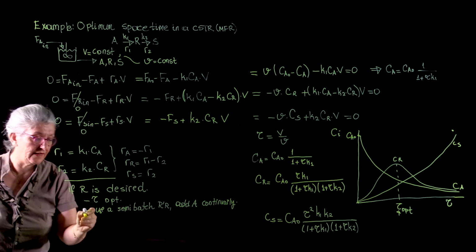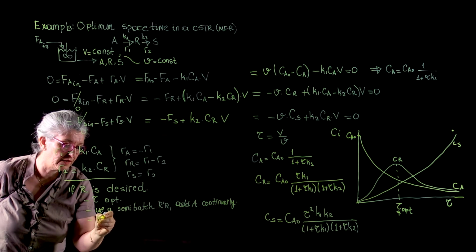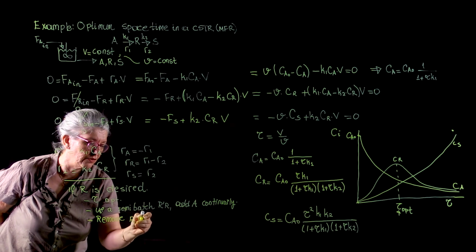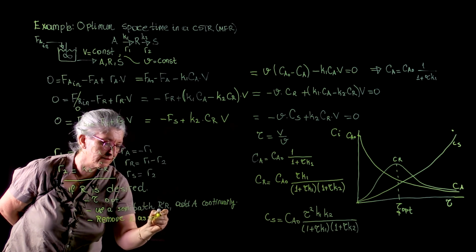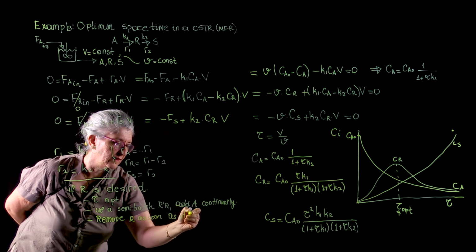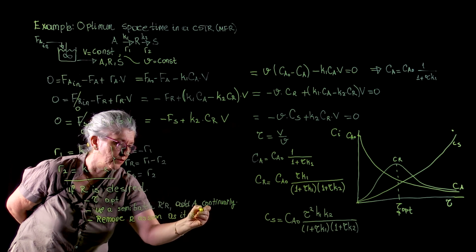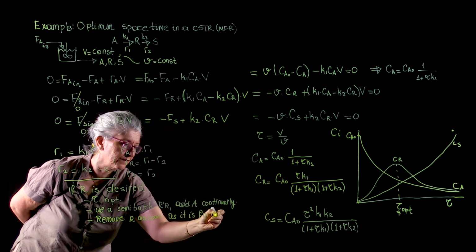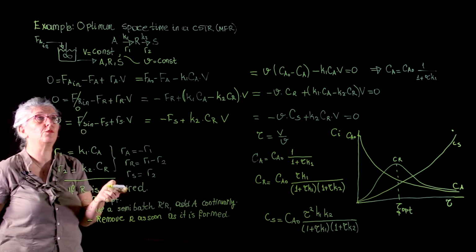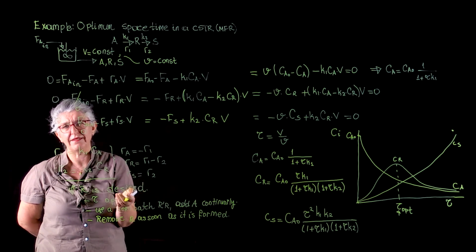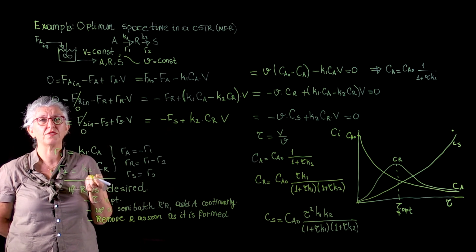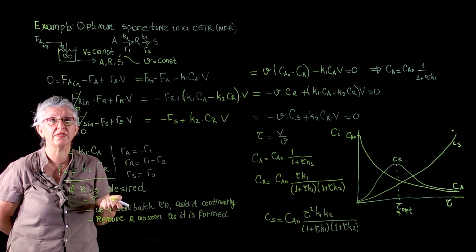We can, if possible, remove R as soon as it is formed. Well, this is not trivial. How can we remove R? There are several tricks depending upon the nature of R and the nature of the separation technologies available to us.